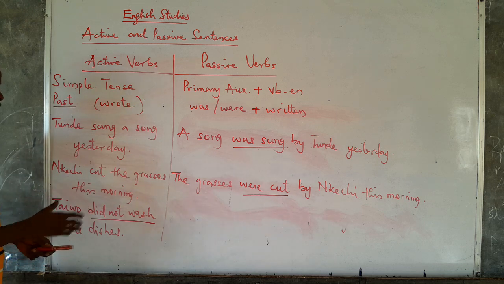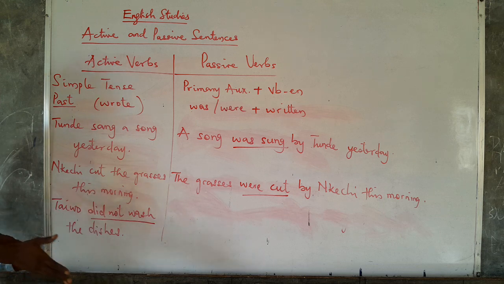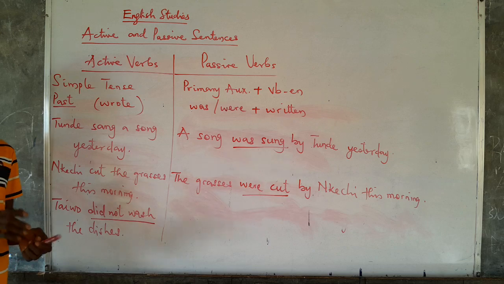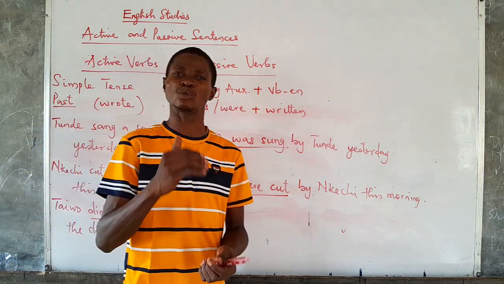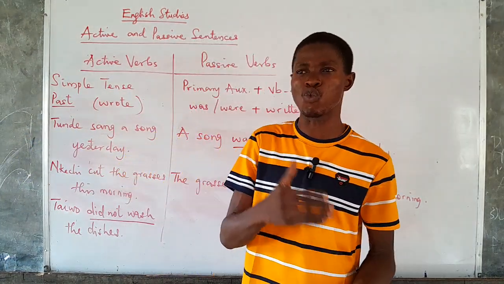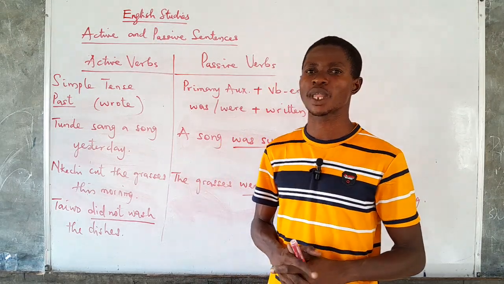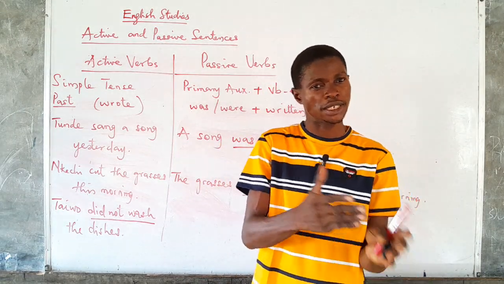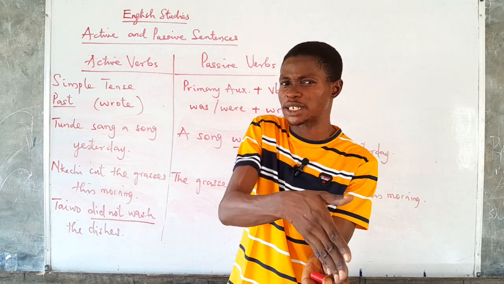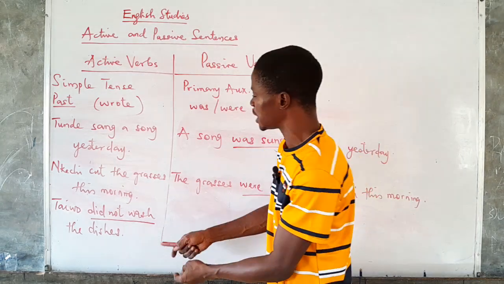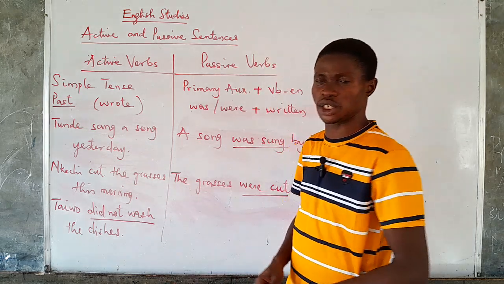How do we now convert Taiwo did not wash the dishes to passive? The question you need to ask yourself now is, how would I convert Taiwo washed the dishes into passive? The same way you converted that one is how you are going to convert Taiwo did not wash the dishes.